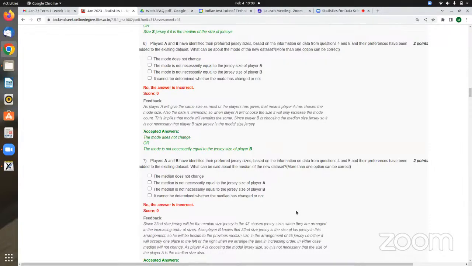Got it, right? We need not actually go for cases, but it's understood, right? Because if something is already the mode and you are adding one more thing to the existing data set, the mode cannot change. Definitely the mode cannot change, right? Okay. It's okay if you don't understand also, that's not a problem, but try to find out the cases and maybe you will be able to understand better.